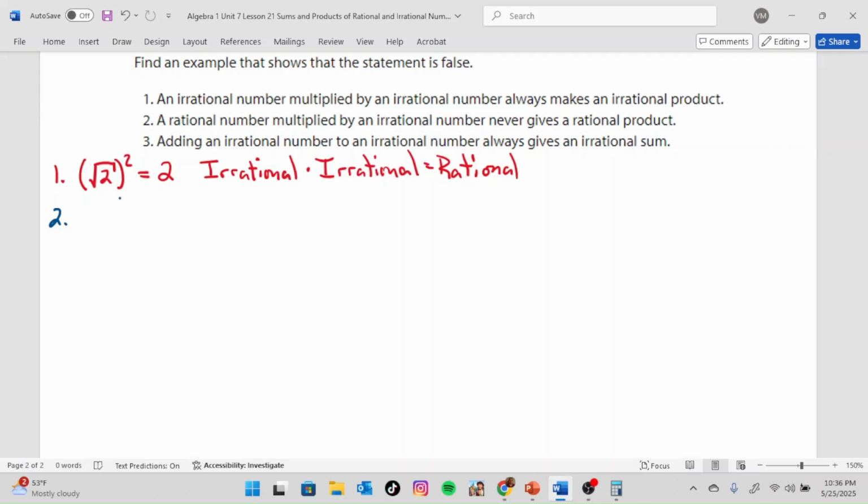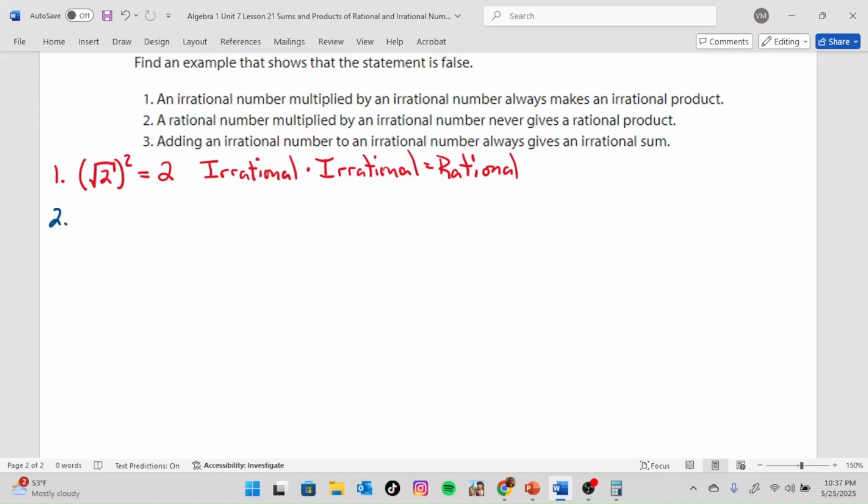Statement number 2. A rational number multiplied by an irrational number never gives a rational product. So there is one way that we could do this.